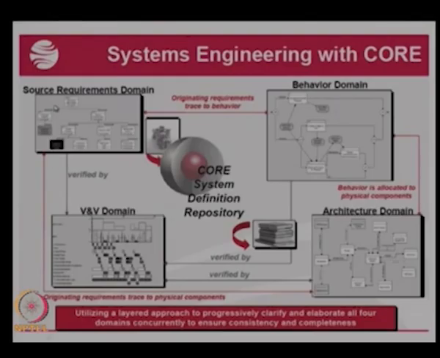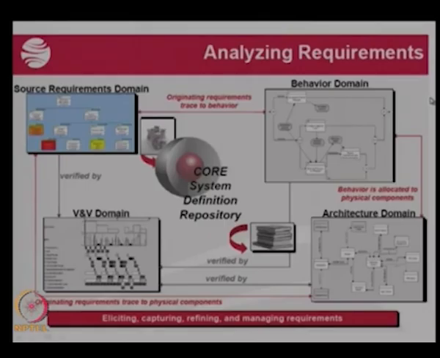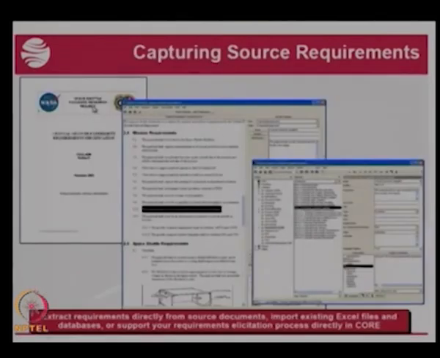Let us see how these domains are developed using the database, and there are software tools available which can help you to develop these domains very easily without much difficulty in identifying the sources as well as the traceability of those requirements. So let us look at the source requirements domain. Basically we will be looking at the requirements.